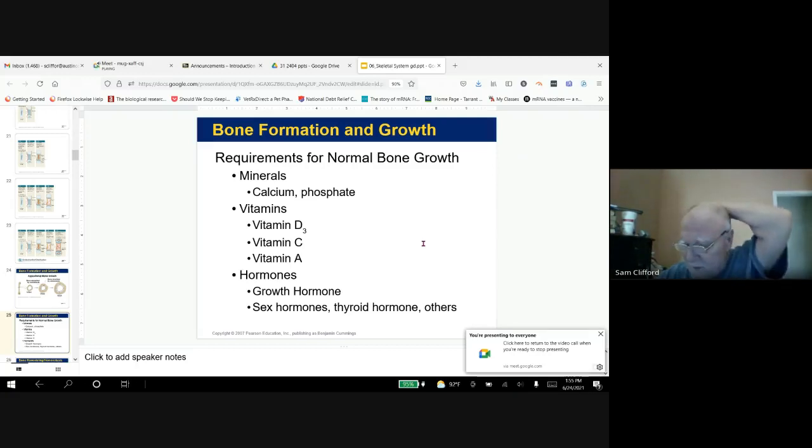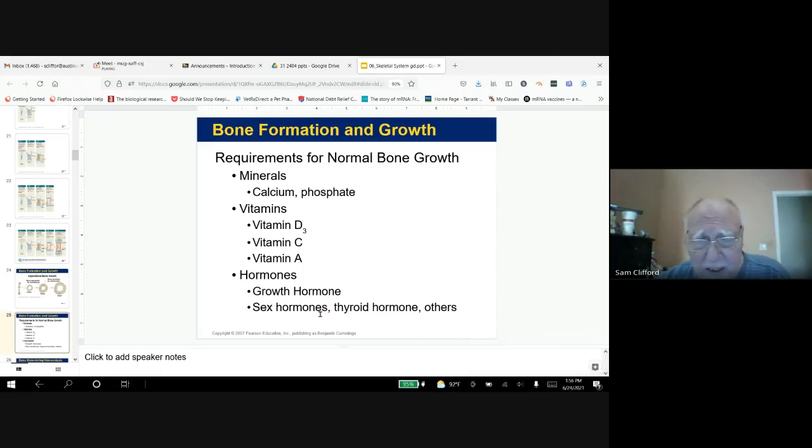What do bones need for growth and maintenance? Calcium, phosphate, vitamins, and hormones. Growth hormone is necessary, along with thyroid hormones and sex hormones like testosterone and estrogen.